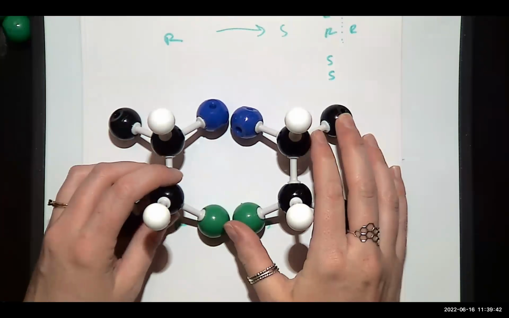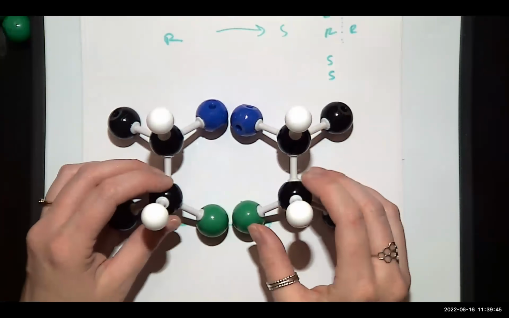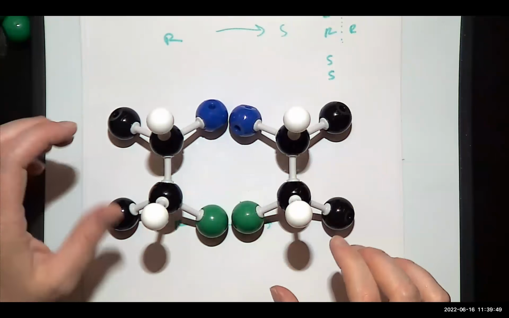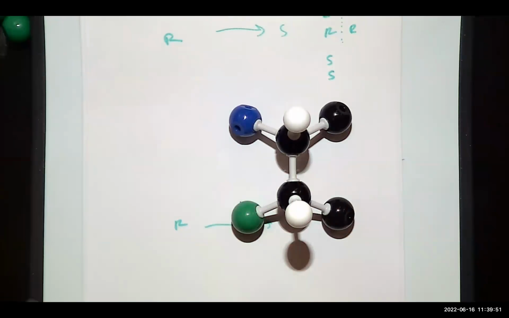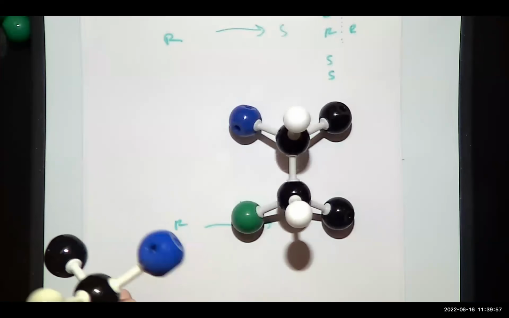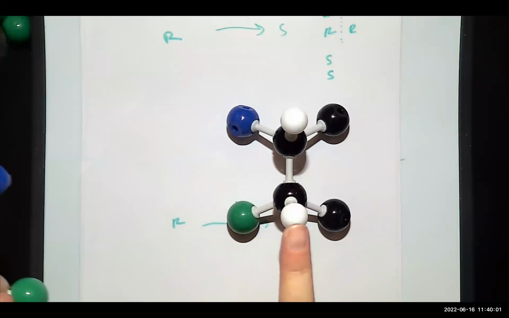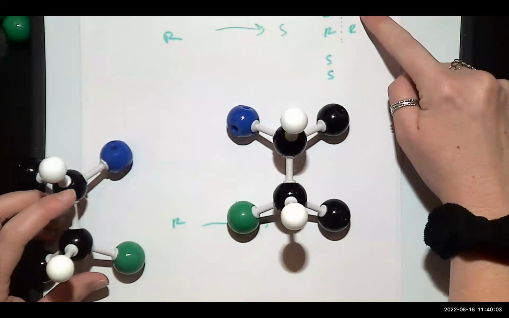Okay, and now what if we took the mirror image of SR? So this is S. Let's make it R. No, this is RR, and this is SS. Okay, so let's take the mirror image of this one.